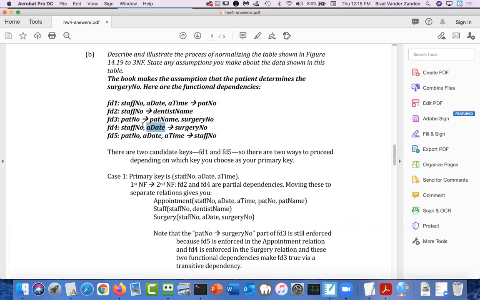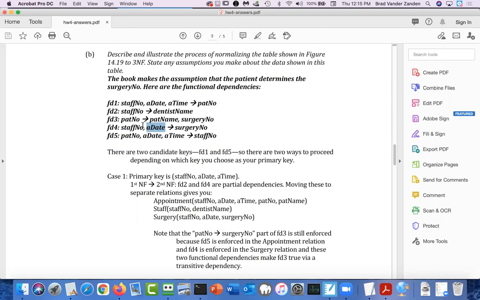Again, I didn't care whether you treated it as a partial dependency or as a transitive dependency, because I see it as a hybrid, and I won't have that kind of confusion on the exam. But you had to account for that dependency either when you went from first normal form to second normal form, or from second normal form to third normal form.